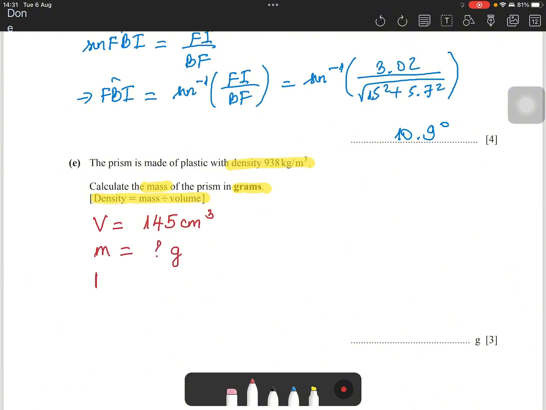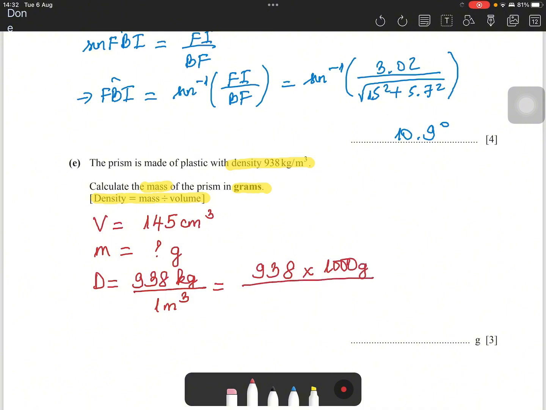So for the density, 938 kilograms per cubic meters. We need to convert it to grams per cubic centimeters. To convert from kilogram to grams, we multiply this by 1,000.